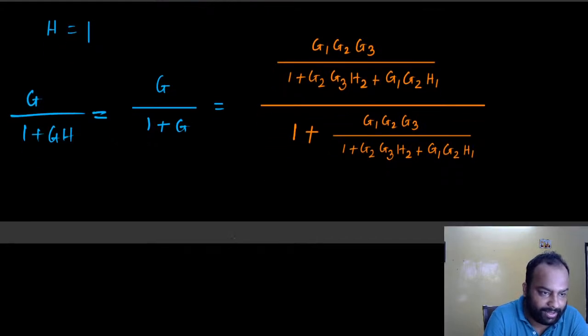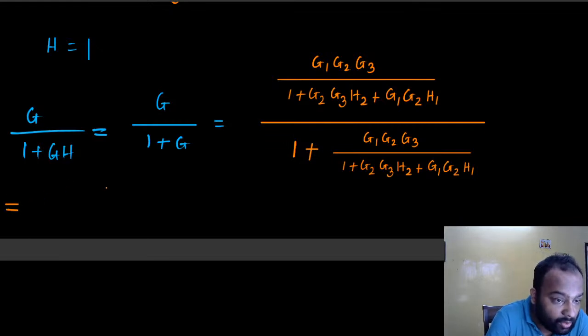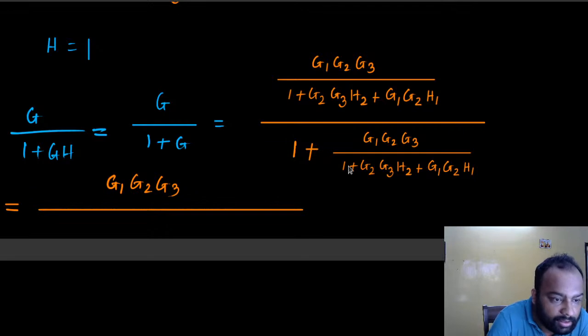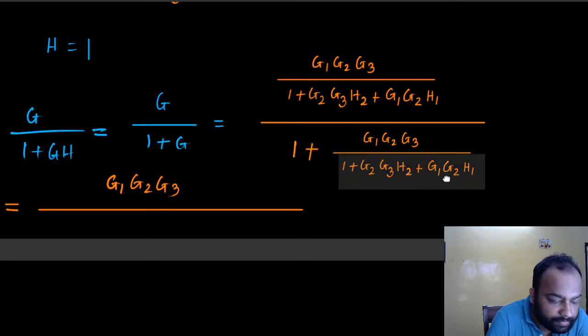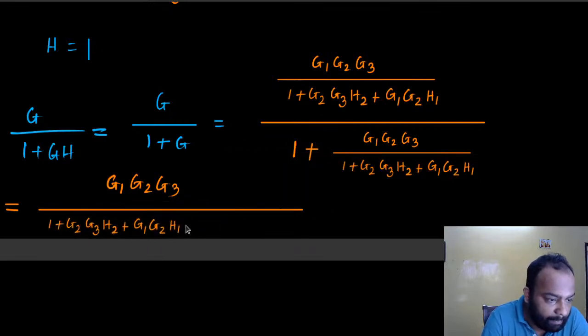All right. So let's do the simplification. If I do the simplification, of course this is going to turn out to be in the denominator, and the denominators will cancel out. I can write this in a single step, I think. So this is going to be G1 G2 G3 divided by this whole thing, then a plus this whole thing.